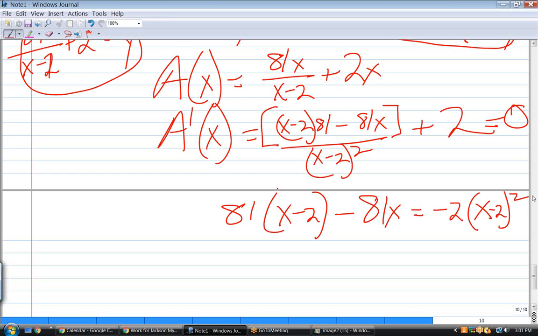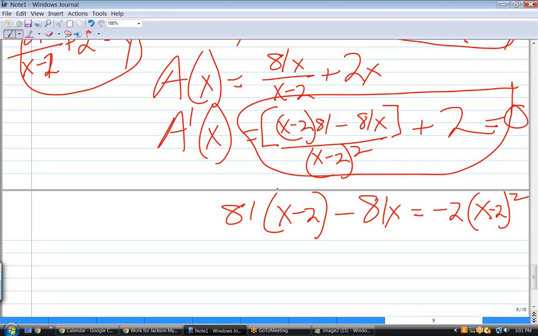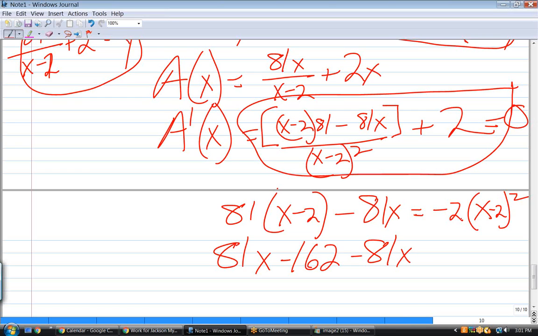With me? Yeah. In other words, all I'm doing is solving this equation. Now I have 81x minus 162 minus 81x equals this quantity here.